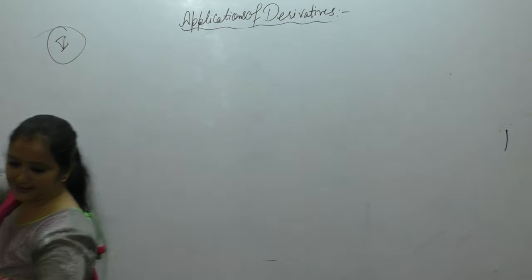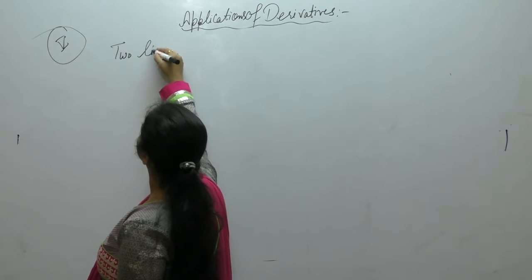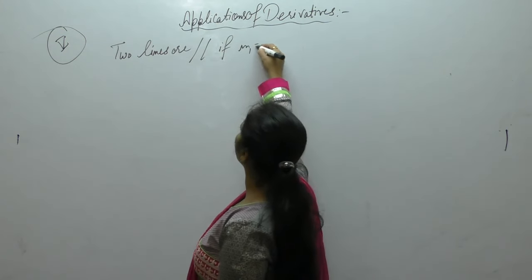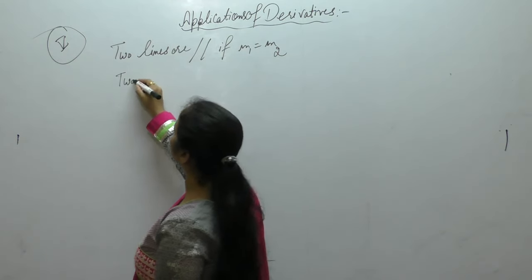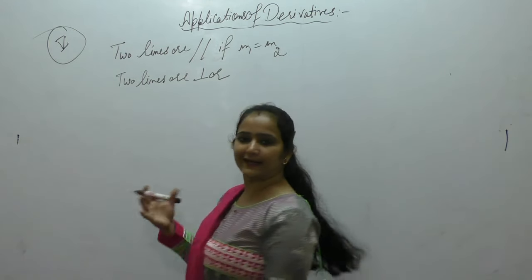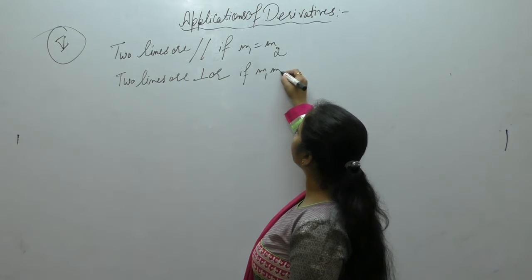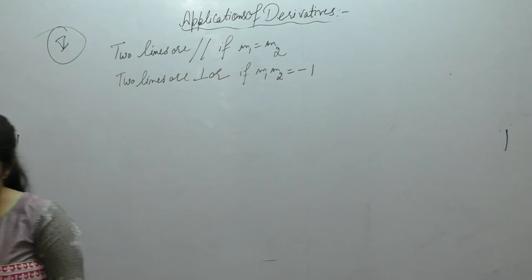Now two lines are said to be parallel. Two straight lines are parallel if their slopes are equal, and two lines are perpendicular, orthogonal, at right angle, one and the same thing, if product of their slopes is equal to minus 1.